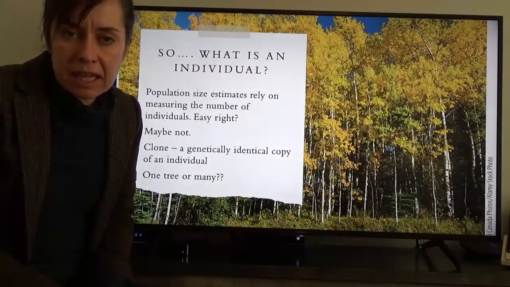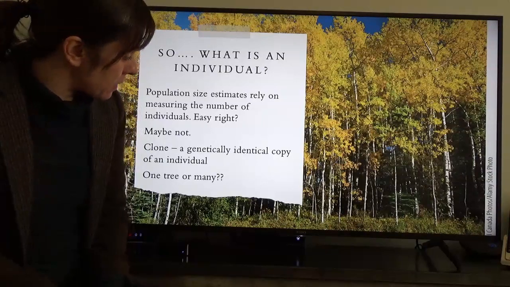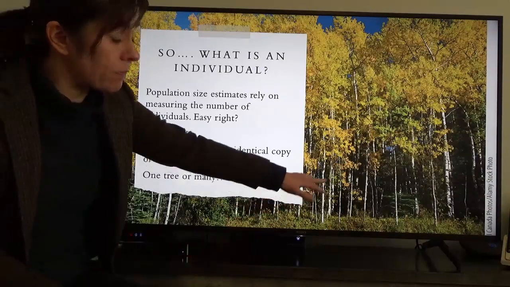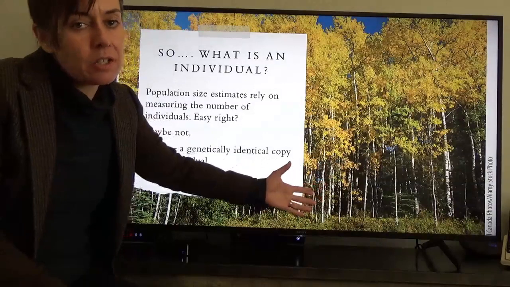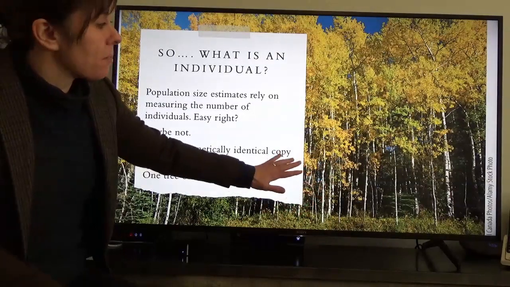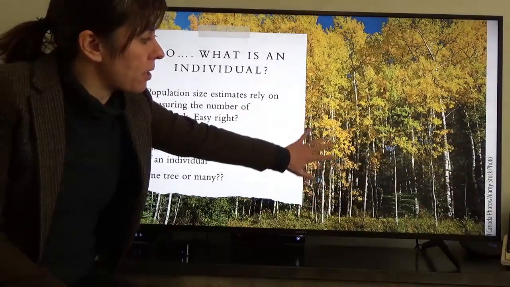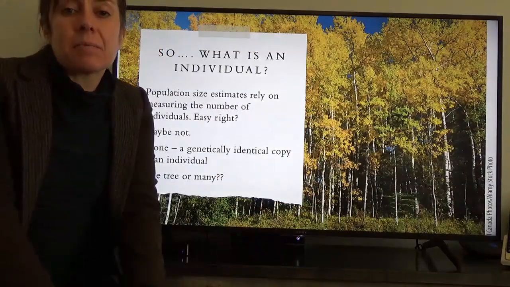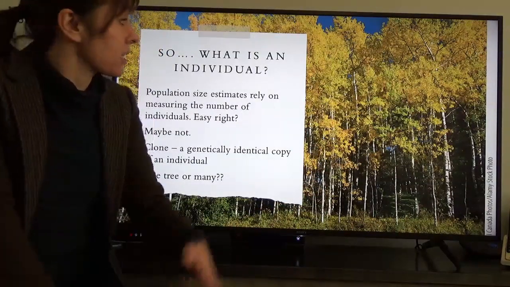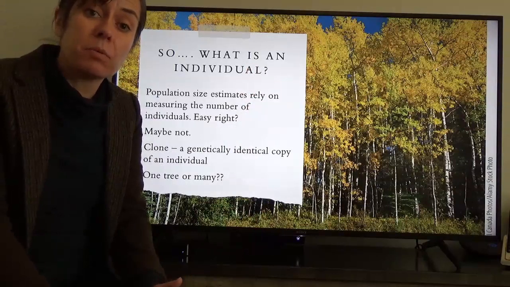You may look at that grove and say, okay, well, there are a lot of different individual trees. And you're not wrong, there are. But a really cool thing about aspen is that it's able to reproduce asexually. It's also able to reproduce sexually, but it's able to reproduce asexually.